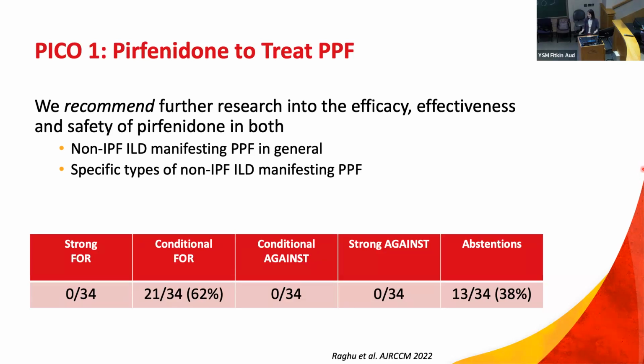So it led to a research recommendation. This is why pirfenidone is not recommended. I don't know how this would have affected funding anywhere. It may have, if this had said we recommend this, that in some places that would have made pirfenidone accessible to patients that met these criteria. But based on this evidence, they recommended further research into the efficacy, effectiveness, and safety of pirfenidone in all these ILDs.